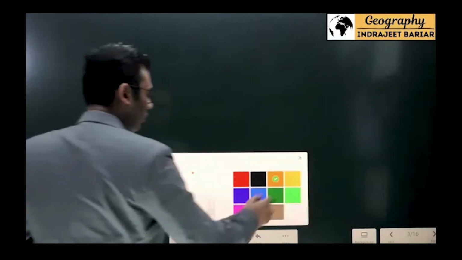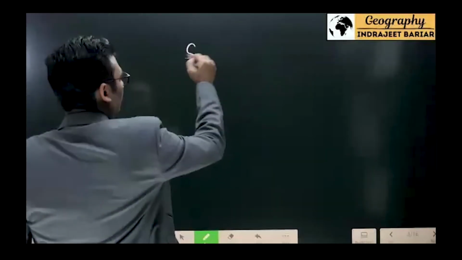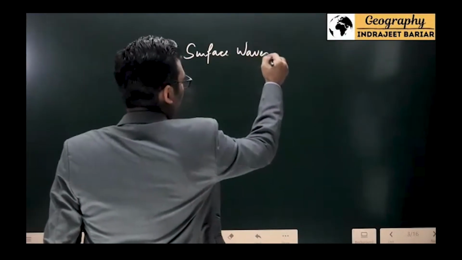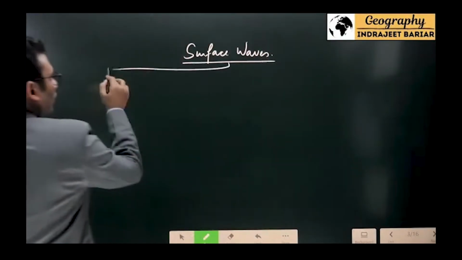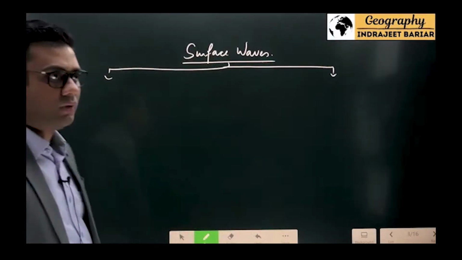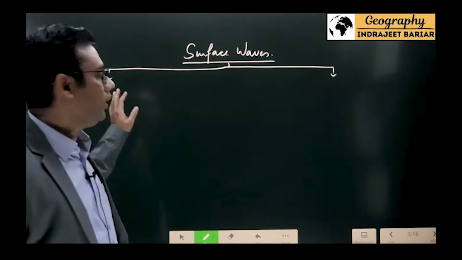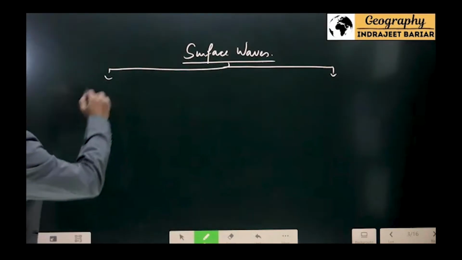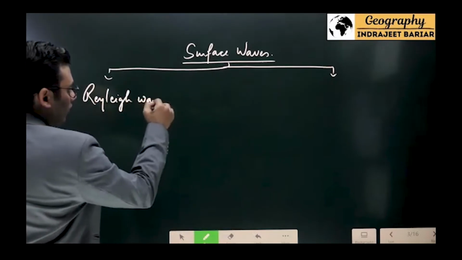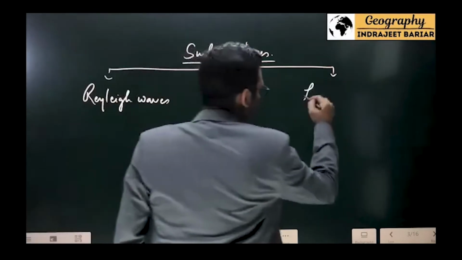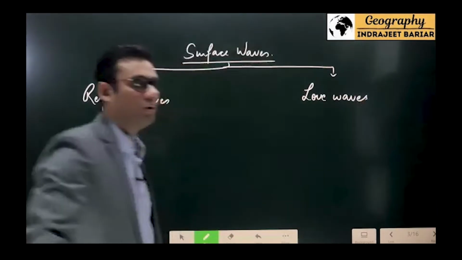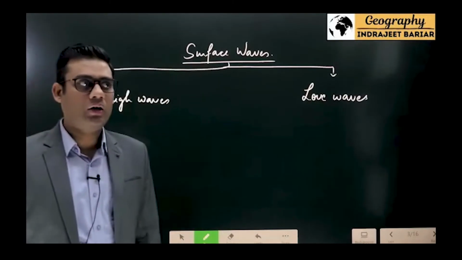So when we talk about the surface waves, in case of surface waves, what we can find is two types of waves. The first one is called Rayleigh waves, and the second one is called Love waves. So Rayleigh waves and Love waves.